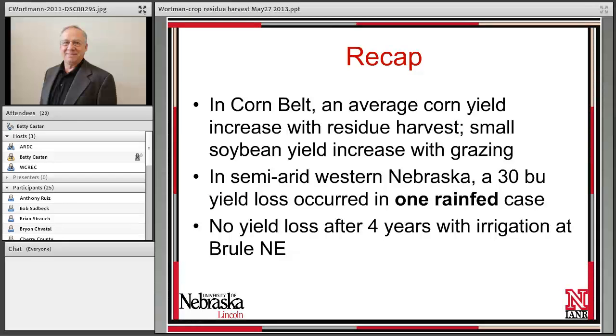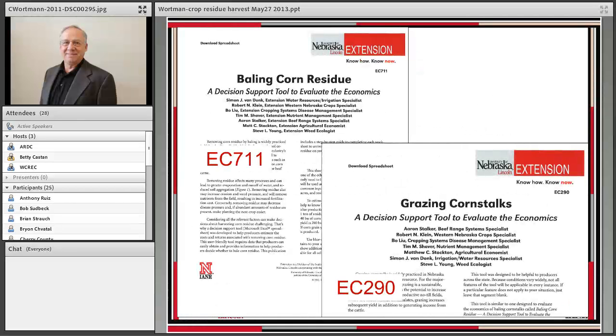There are exceptions, however. In western Nebraska, there has been a case of a research situation where there was a 30 bushel yield loss in a rain-fed situation by removing the crop residue. In Brule, Nebraska, on the other hand, with irrigation, we have not had any yield loss due to baling or grazing. Aaron mentioned these extension circulars, so I won't spend more time on them.